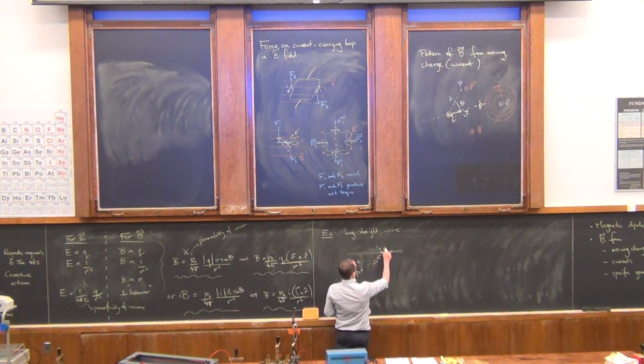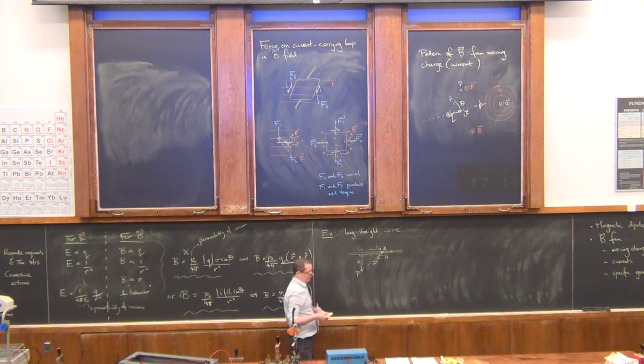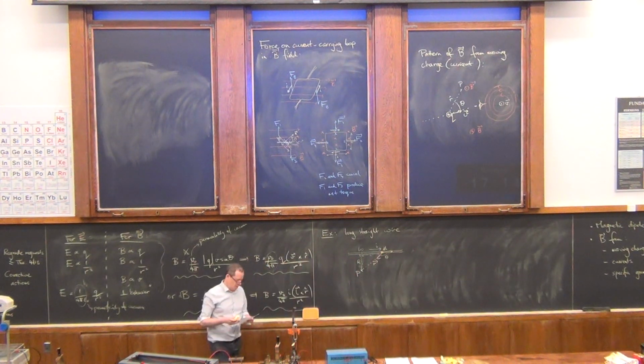So there's dL, which indeed has a direction associated with it. There's r. And we're almost done. Let's say that I'm going to choose L equals 0 at this point. So this particular element is a distance L away from my origin, defined here.